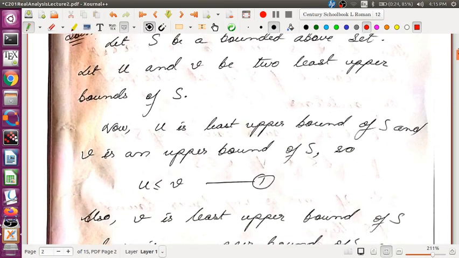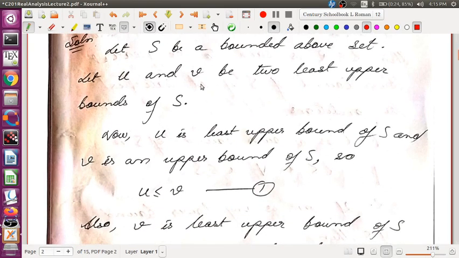So let S be a bounded above set and let U and V be two least upper bounds. Suppose that U and V are two least upper bounds of S. Then you observe that we have taken U as the least upper bound, and V is also a least upper bound, we had supposed. So first of all, V is an upper bound, right?